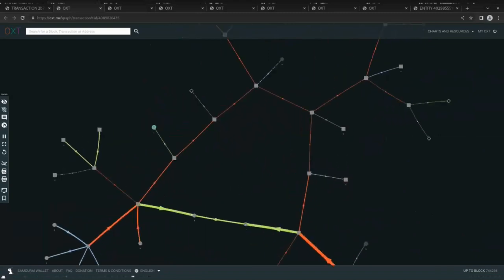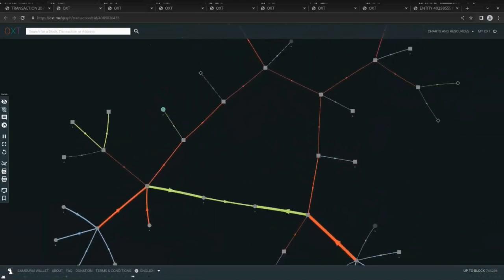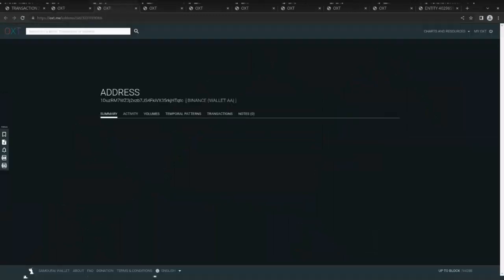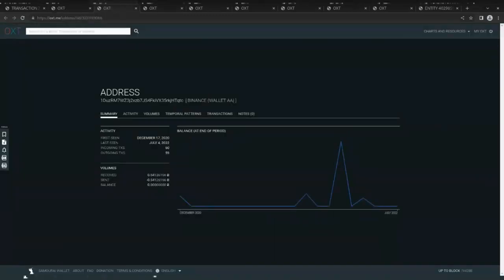And the only thing left to sort of revisit is this Binance address. And for anyone who doesn't know, Binance gives out static deposit addresses. Each one is assigned to basically a single user.